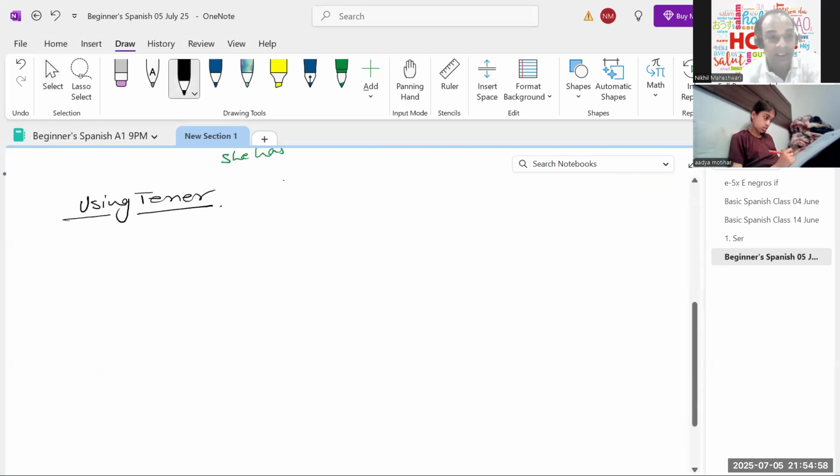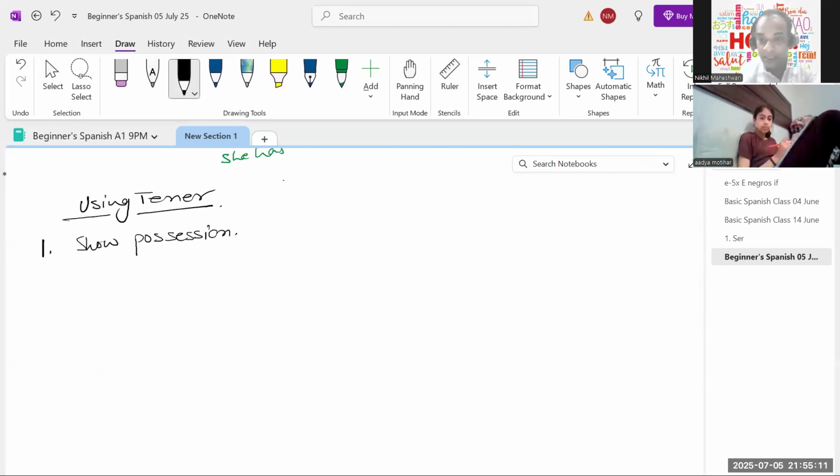Now, the first usage of tener is to show possession. So it means when you have something in your possession, you can describe that by using the verb tener. Now, there are some examples. I have a book.